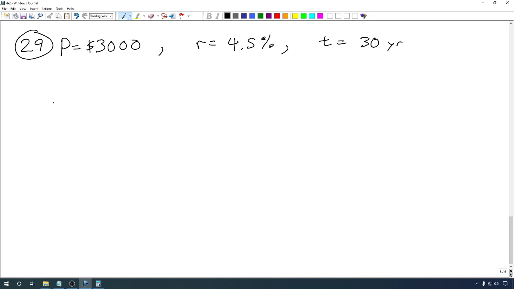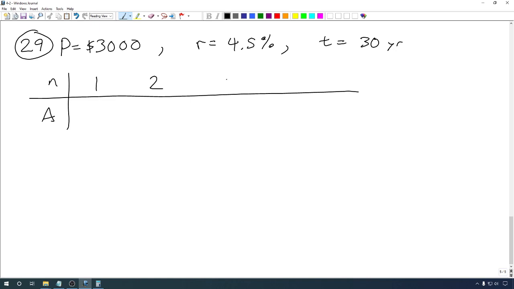And then the n is from our table. We have n here, we have A here. We want to fill in spots for 1 time per year, 2 times per year, 4 times per year, 12 times per year, 365 times per year, and finally, continuously.